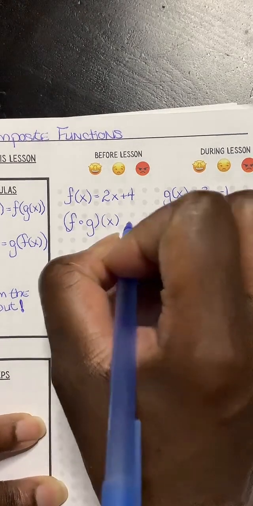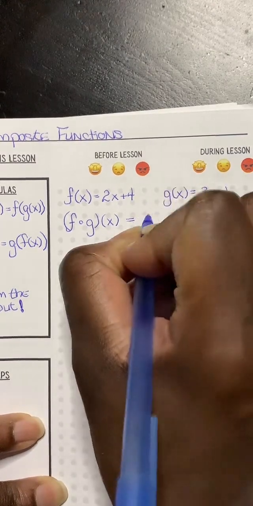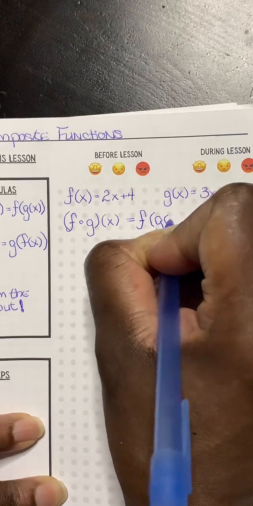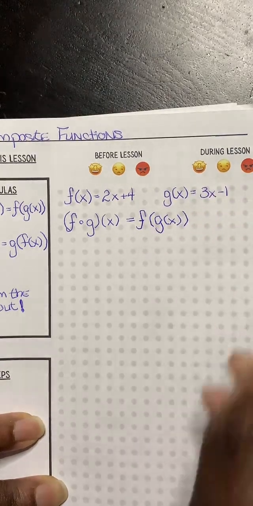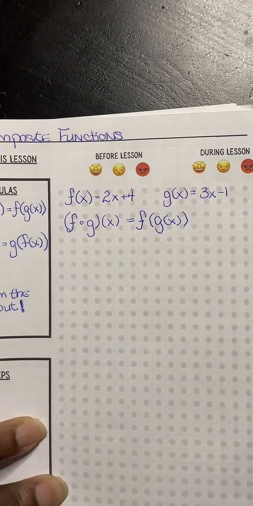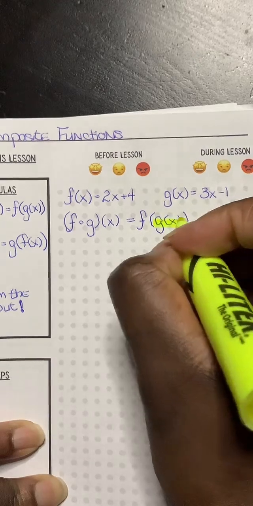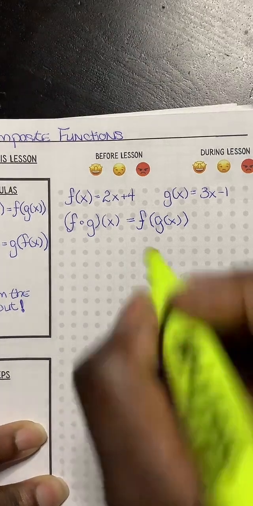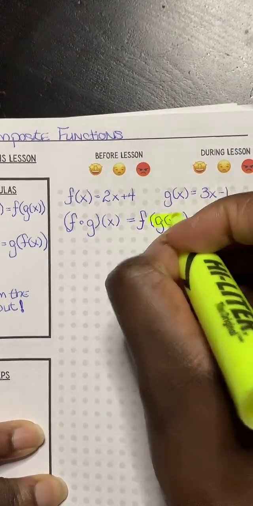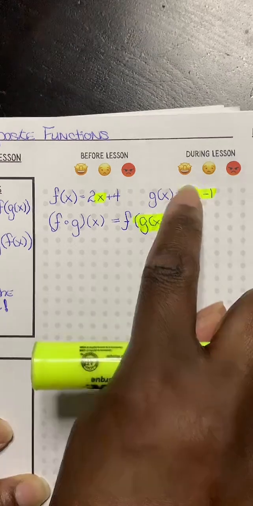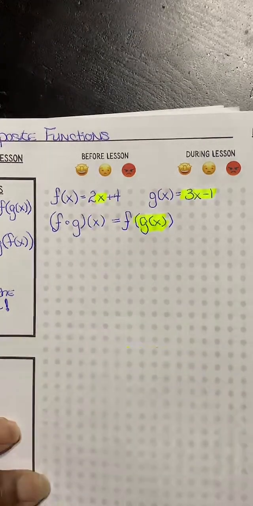So if I may write it out this way, we've got f of g of x. This is telling me that I'm going to take this g function, which is this g function, and substitute this whole expression in for the x.